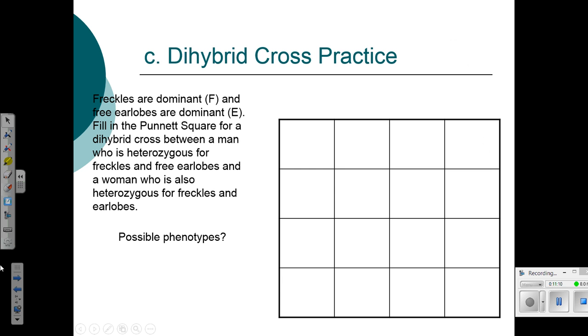Okay, this one is a little bit shorter. So we have freckles are dominant and free earlobes are dominant. So we have someone who is heterozygous for freckles and free earlobes, so heterozygous for both, and a woman who is heterozygous for freckles and earlobes.